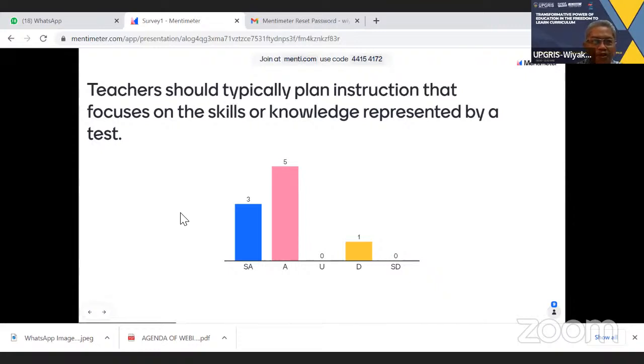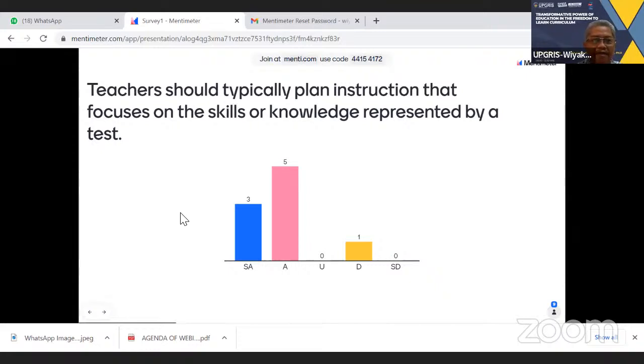Then they prepare by practicing how to find the correct answers from the test items. Even they spend day after day preparing or discussing the content of the test items.